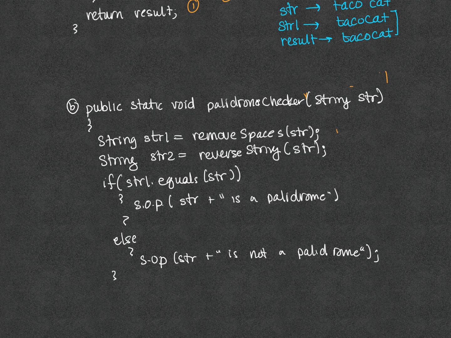So first thing you have to do is remove these spaces. Calls reverseString. Compares reversed string to string with equals. Prints the specified thing. And that was 4 points. There was one more point, which was the condition between these two.